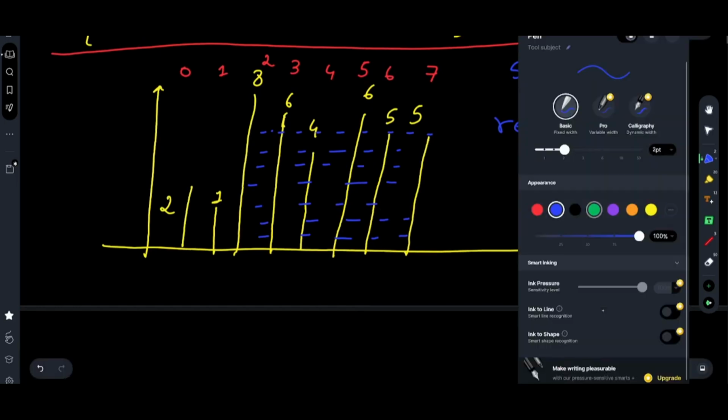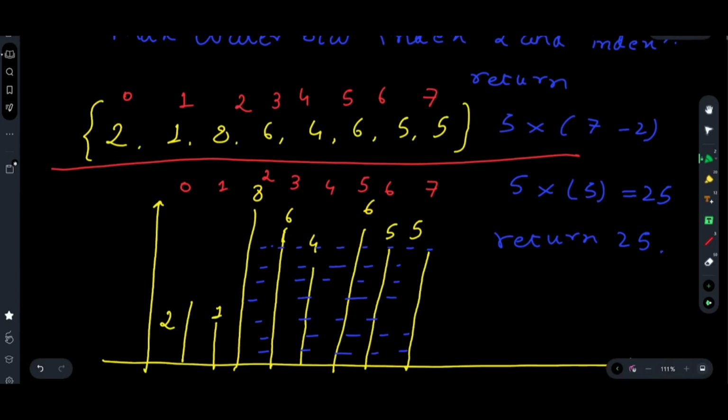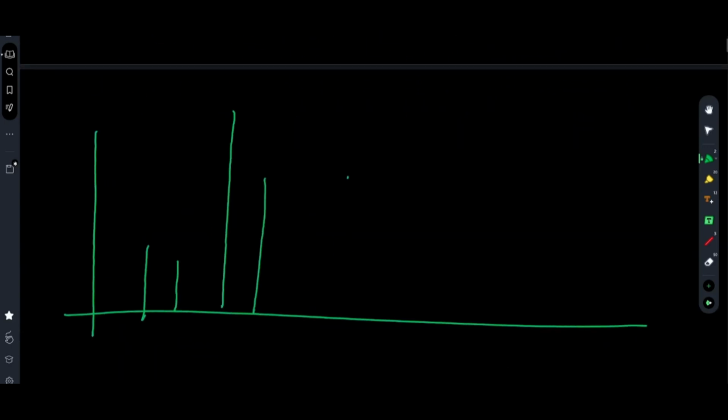So let me draw it separately. So 2, 1, 8, 6, 4, 6, 5, 4, 5, 5.